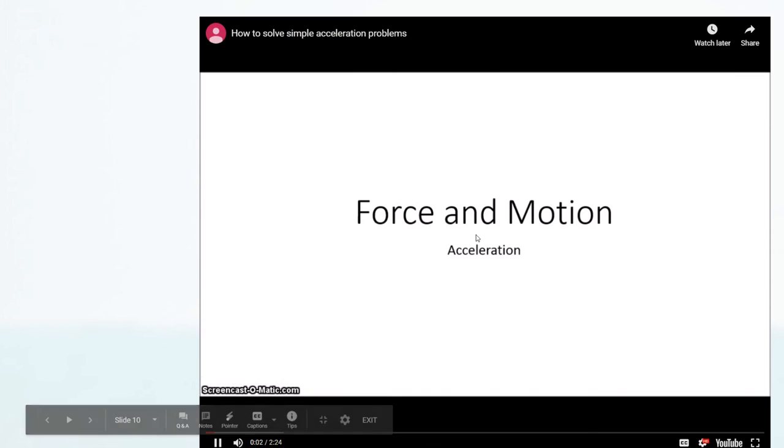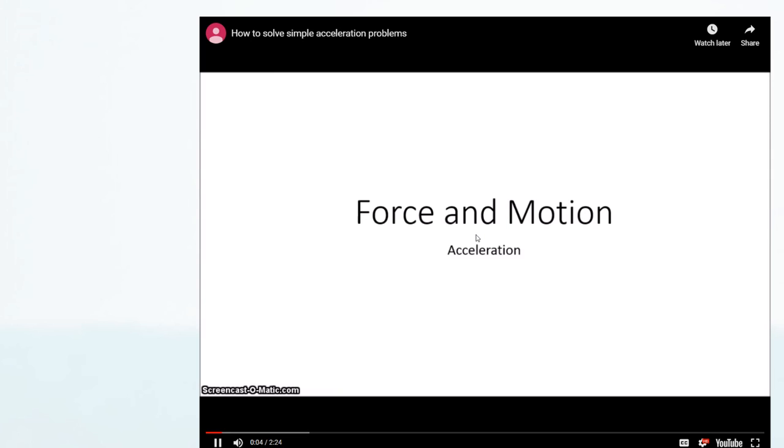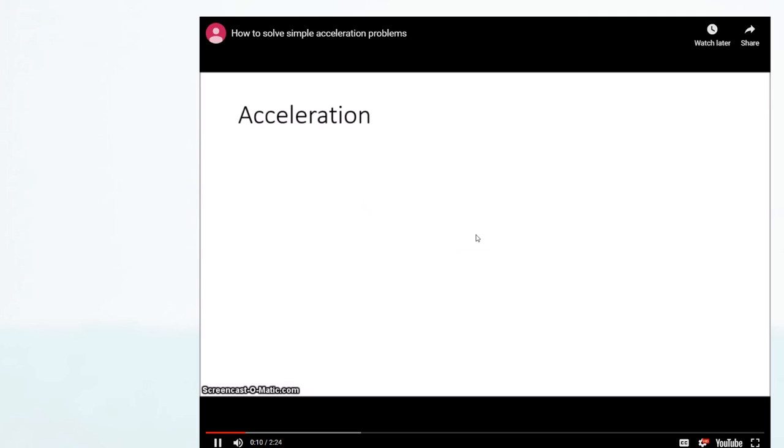Hello, I'm Mr. Oz, and in this recording I'm going to show you how to solve simple acceleration problems. Let's start with acceleration. Acceleration means change in velocity per unit time, which means that if an object is accelerating, its velocity is changing, either increasing or decreasing, or its direction is changing by time.